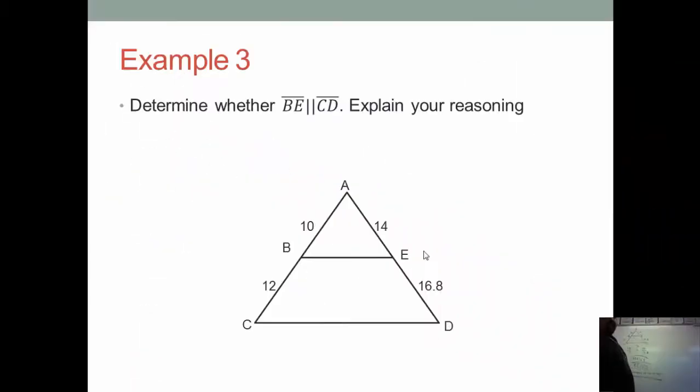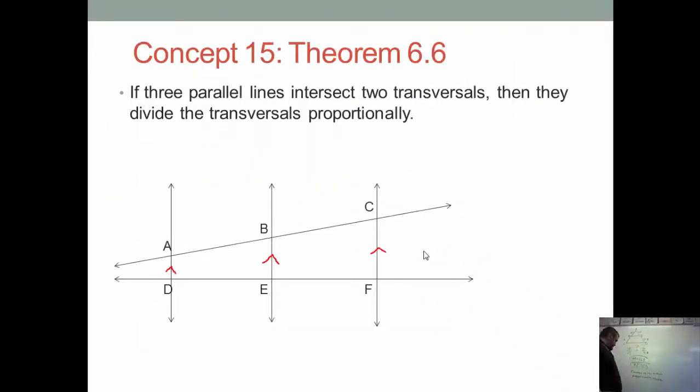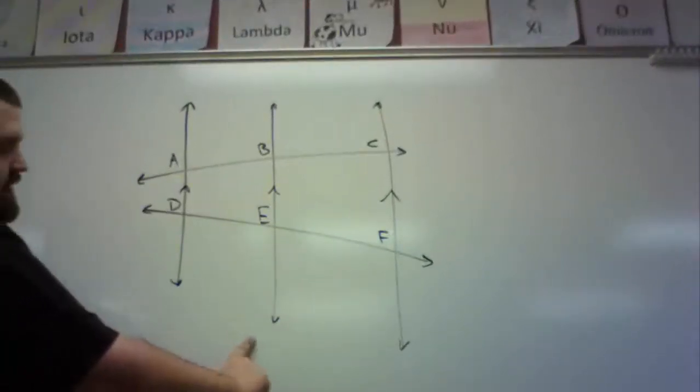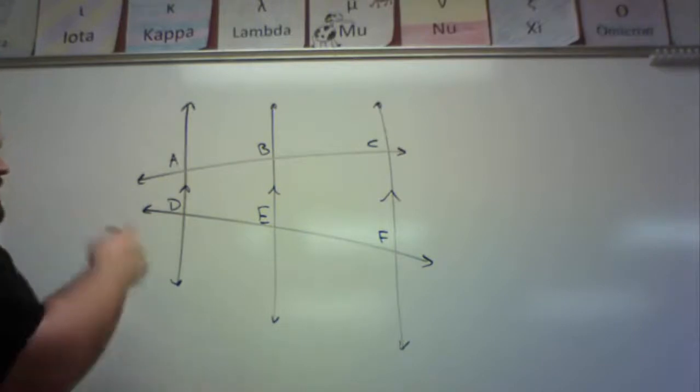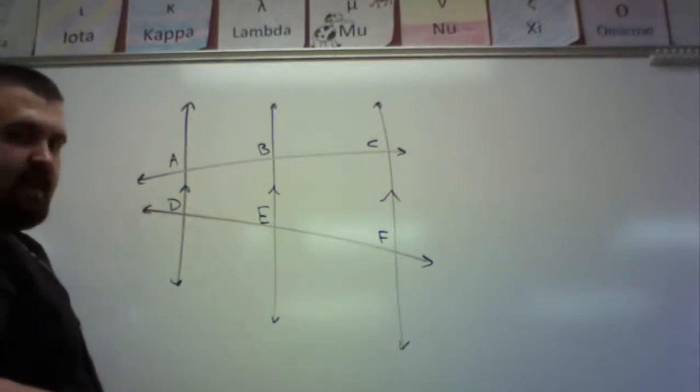Alright, the next theorem is a little bit tougher and easier at the same time. If I know 3 lines are parallel, then what I also know is that they have the lines being divided proportionally. So, for instance, I know that these 3 lines here are parallel. I then know that these 2 transversals have to be divided proportionally.